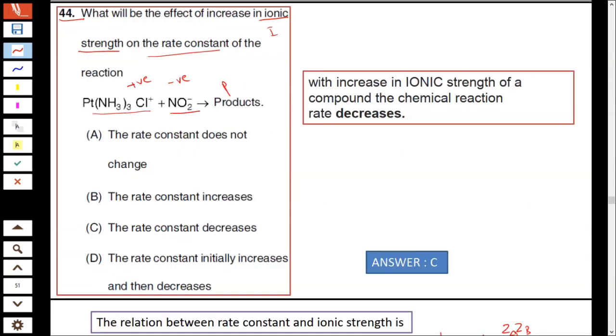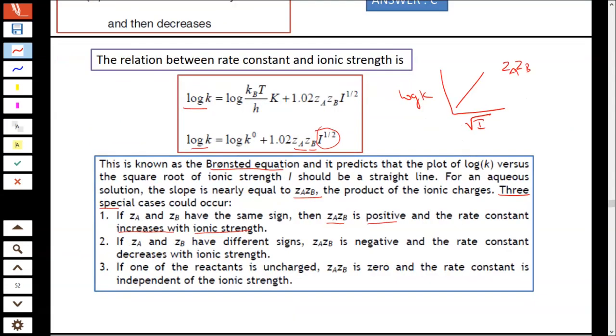In the given question, one is positive and one is negative, that is, ZA is positive and ZB is negative. Hence the product ZA ZB will be negative. Hence for ZA and ZB having different signs, one positive and another negative, the multiplication of ZA and ZB will be negative, and the rate constant decreases with increasing ionic strength.